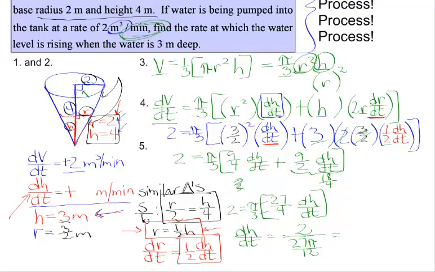Again, algebraically, I clean that up even more. 24 over 27 pi. Both of those values have a 3 in it. So 8 over 9 pi. What are the units? We have meters per minute.